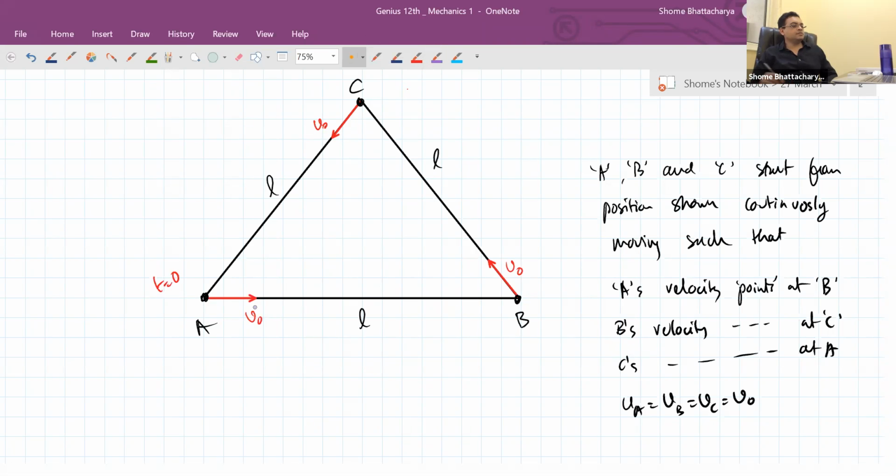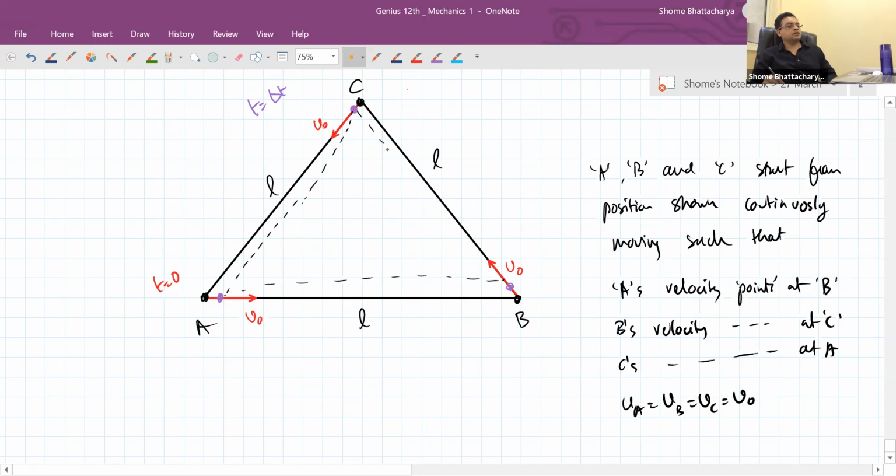But a very small time later, these particles have come here. So at t equal to delta t, they form a triangle of slightly smaller dimension, but still an equilateral triangle.